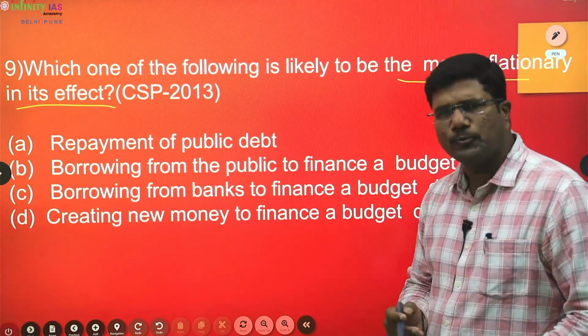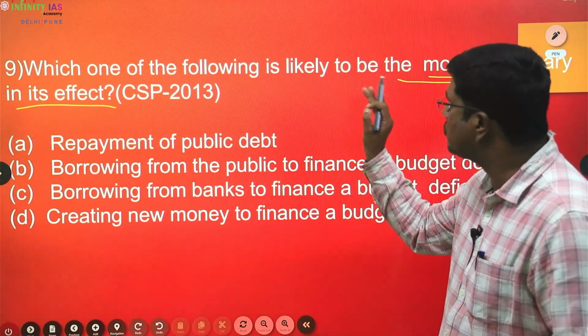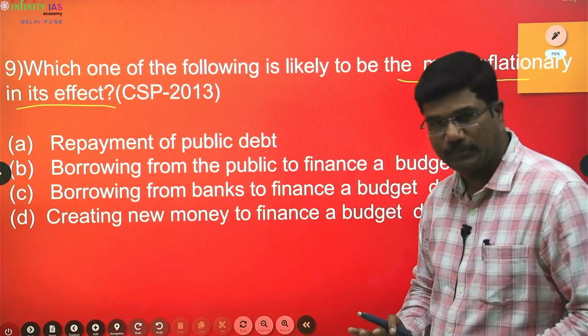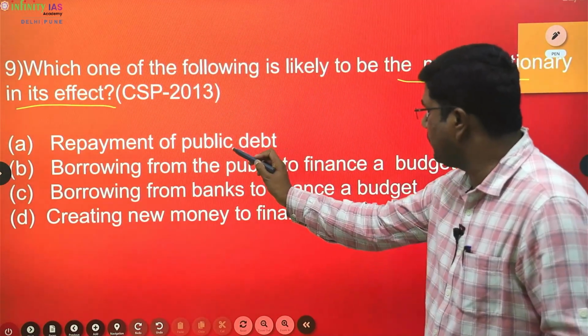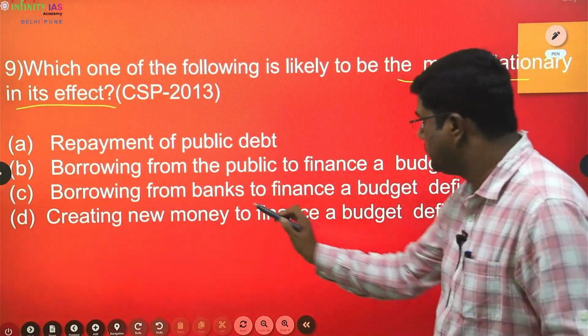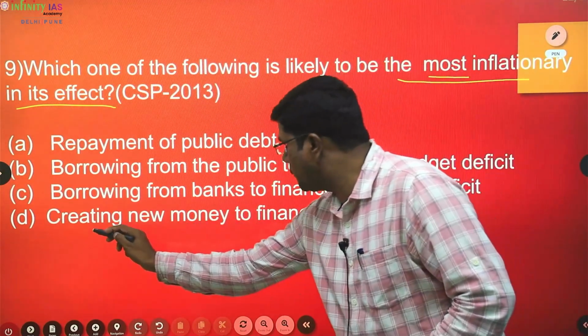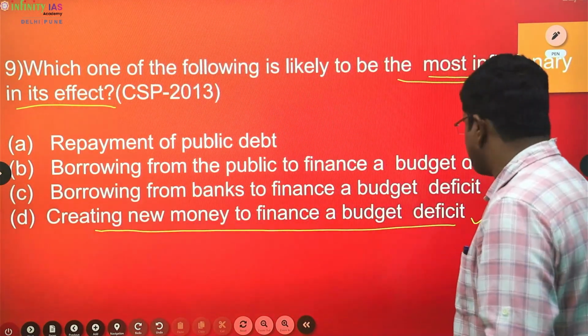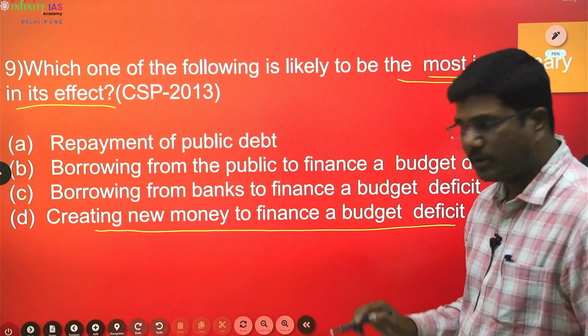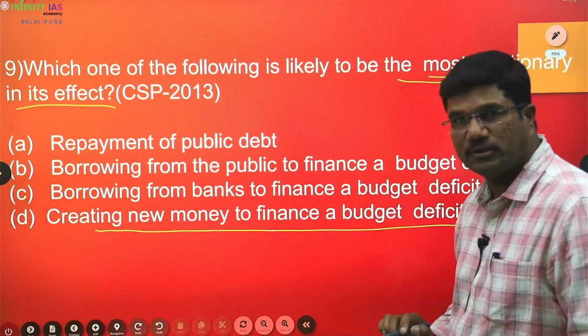To qualify civil services prelims, you need to be very alert while reading the question. Now see: repayment of public debt, borrowing from the public to finance budget deficit, borrowing from banks to finance a budget deficit, creating new money to finance a budget deficit. This is dangerous. If you go this way, it has the most inflationary effect, right?